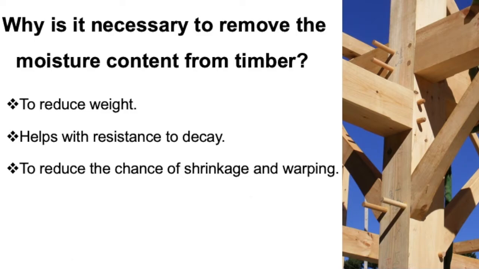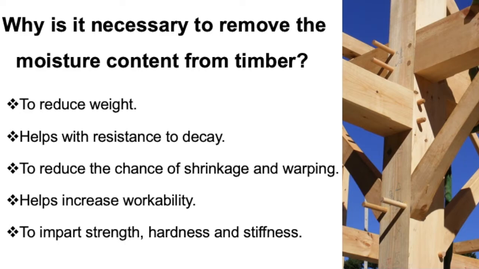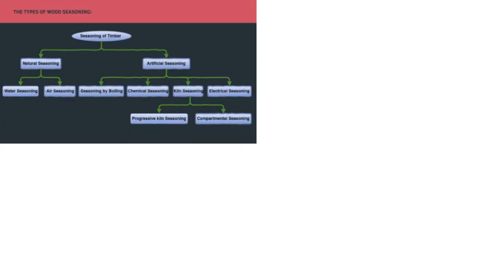It also helps to reduce the chance of shrinkage or warping, and it increases workability. You can cut it and work with it more easily if it's dry as compared to being wet or with a lot of moisture. So there are, as we've seen, different methods of removing water from timber.